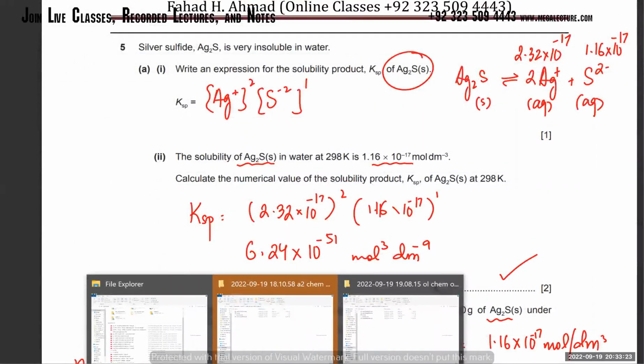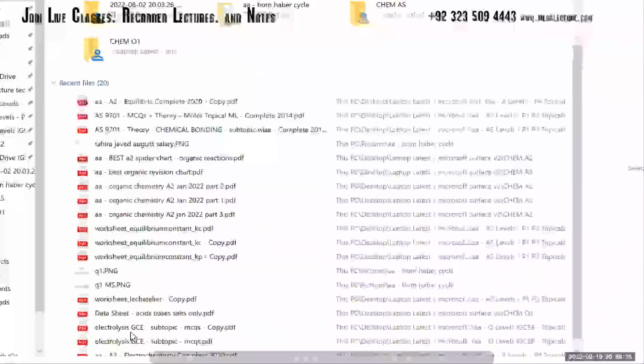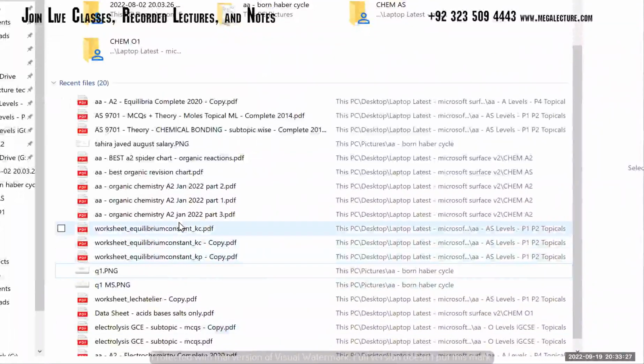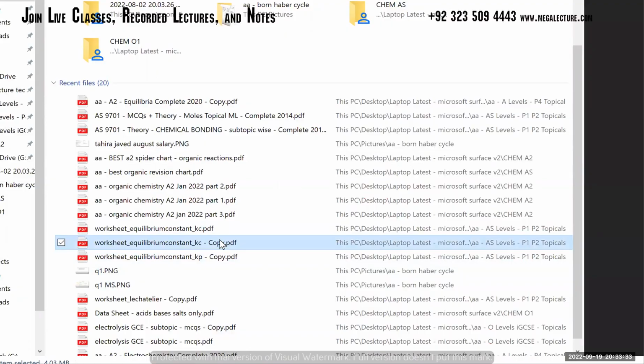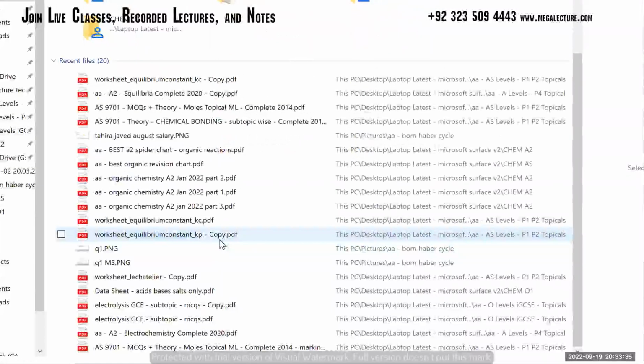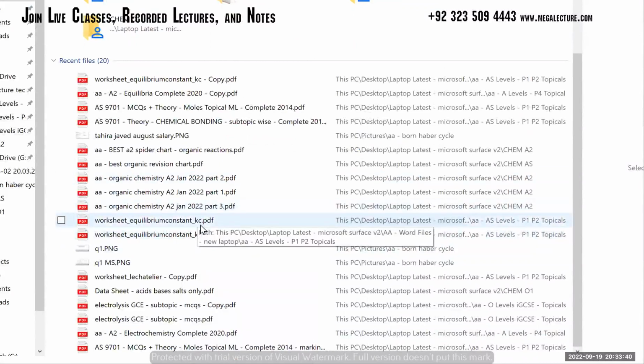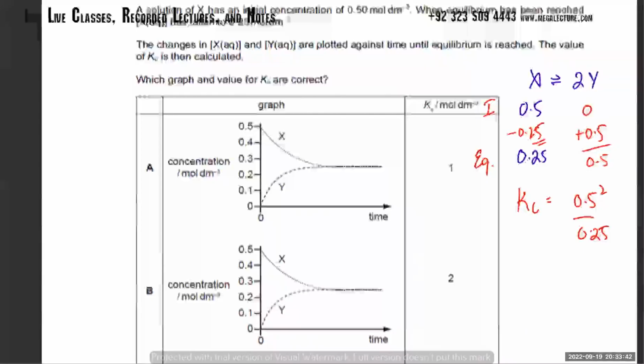इस way से save कर लेते हैं. I said related to Kc. One second, do we have? That's this one. So again, we were doing questions.